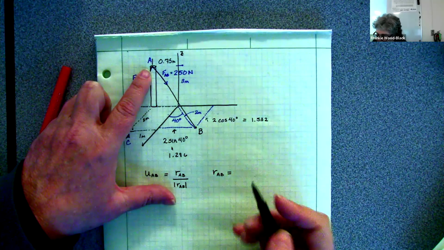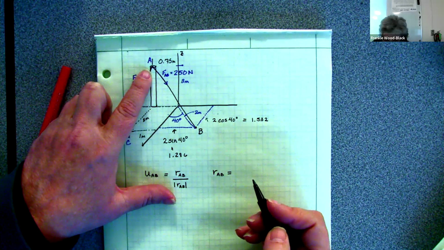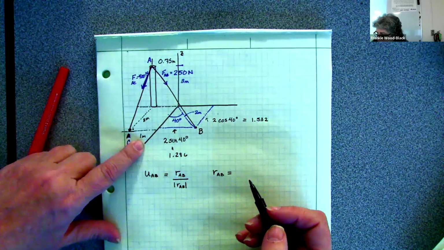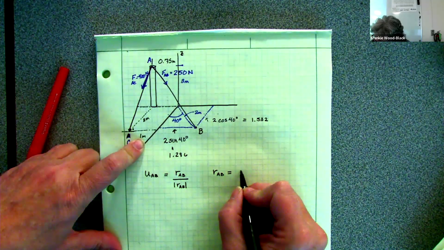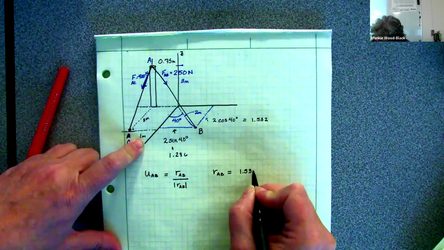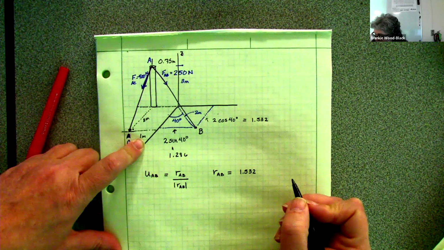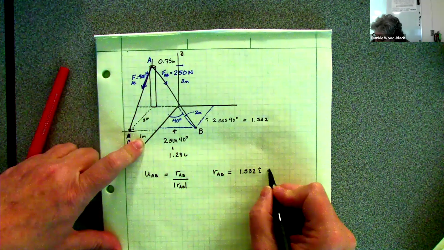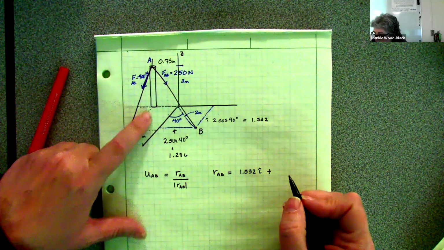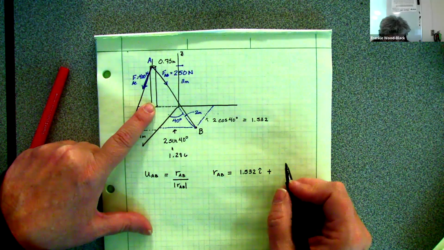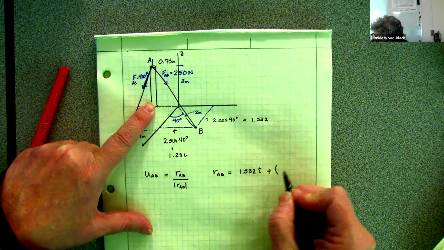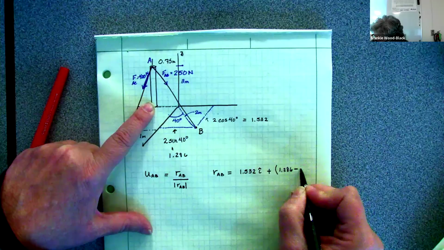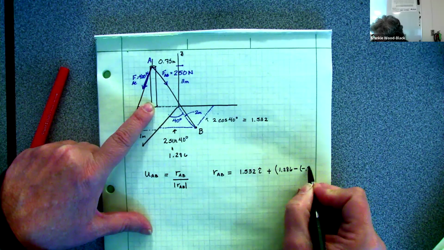So my R in the I direction, which is this one, I'm positive 1.532. In the J direction, I'm 1.286 minus a minus 0.75.